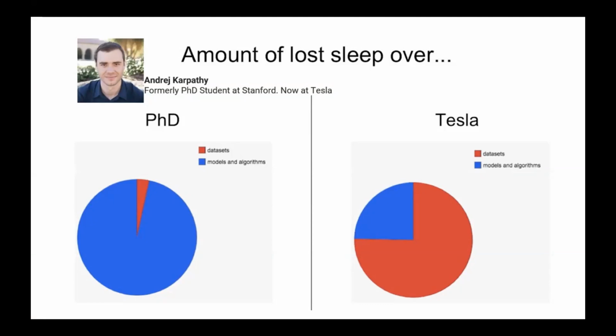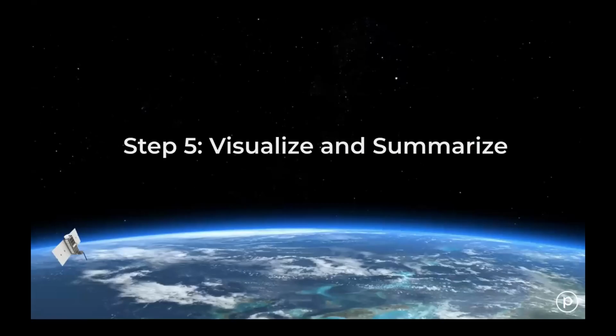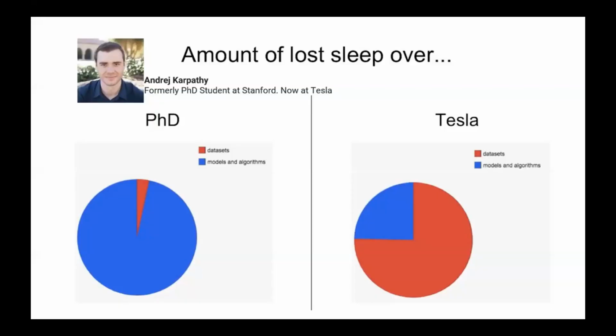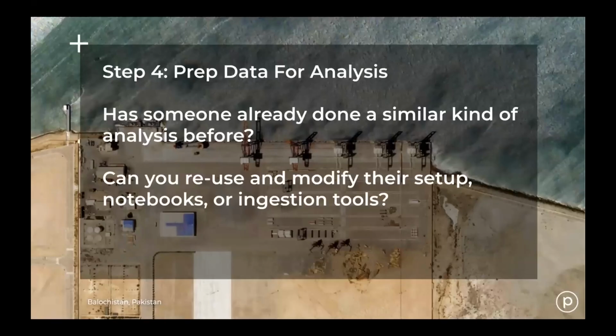So that is quite relevant in data science in general. Cleaning and validating your data are no small feat. So don't feel frustrated or let down if you find yourself spending quite a lot of time on step 4.